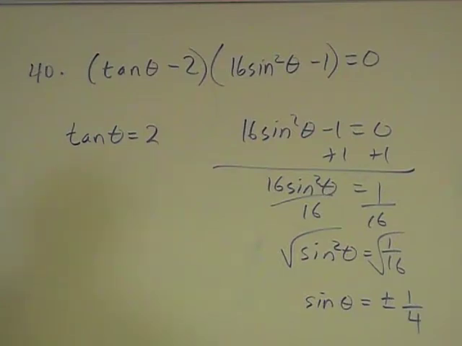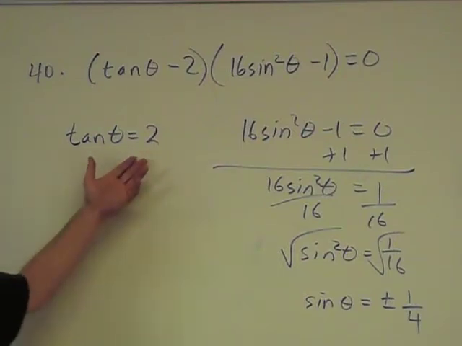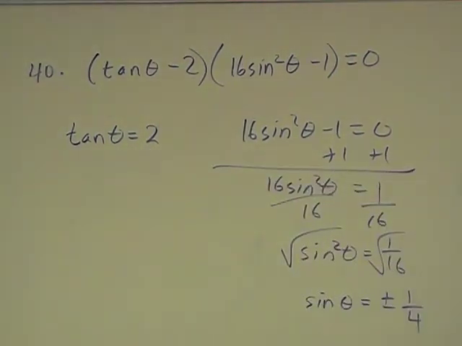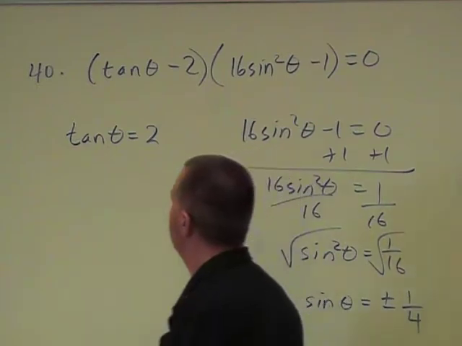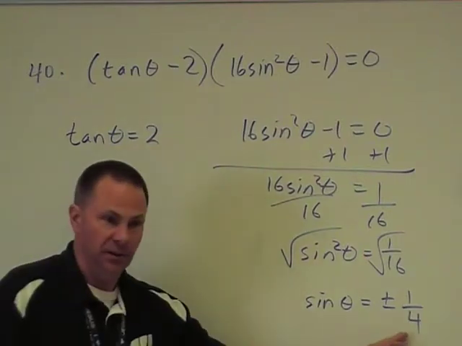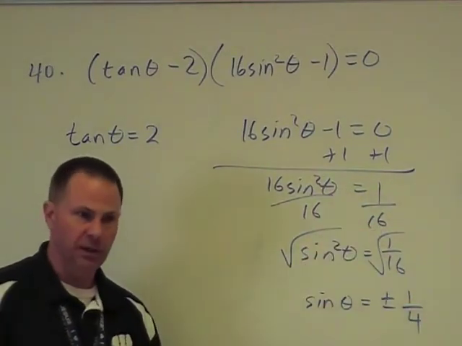Again, you don't know the tangent of theta equals 2, so you have to do the same thing we did over here with the radian measures. You don't know 0.25 either, so you're going to have to use radian measure for that.